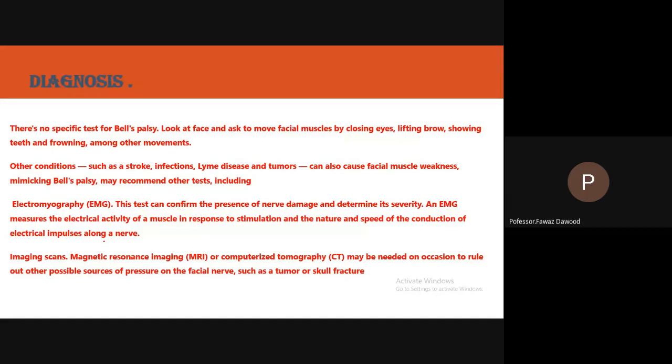There is no specific test we can do to demonstrate it, but other conditions such as stroke, infection, Lyme disease, and tumor may all cause facial weakness or facial paralysis. We are going to send the patient for EMG in order to confirm the presence of any nerve damage.